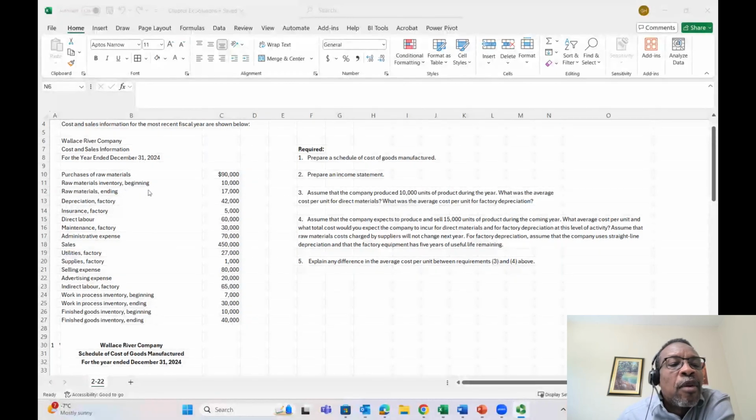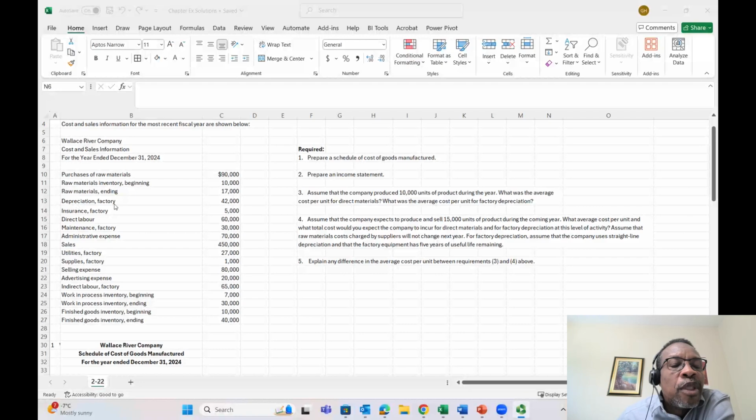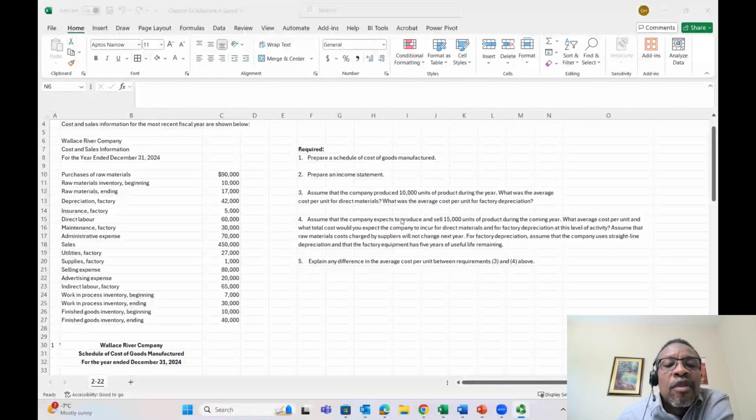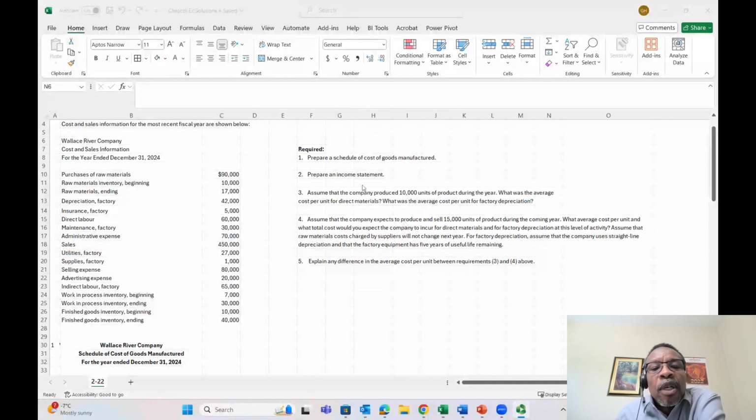Then it has raw materials at the beginning, ending raw materials, depreciation for the factory, insurance for the factory, direct labor, maintenance for the factory, admin expenses, sales, utilities for the factory, supplies for the factory, selling expense, advertising expense, indirect labor for the factory, work in process at the beginning, work in process ending, finished goods, and finished inventory.